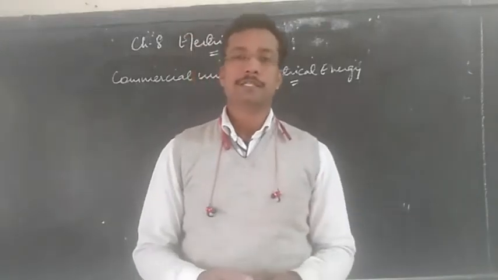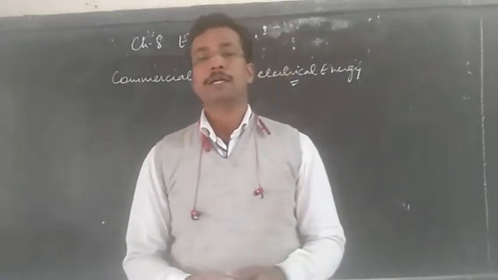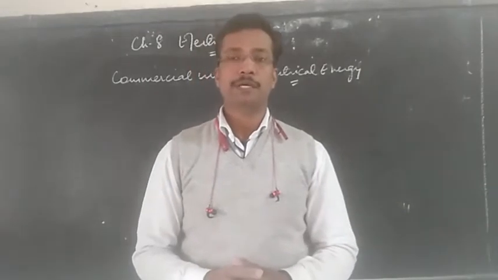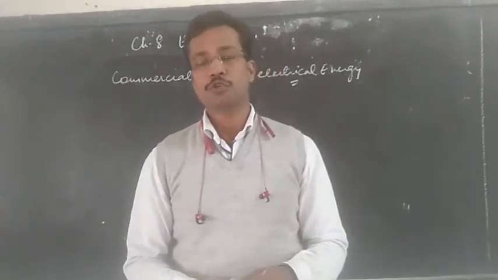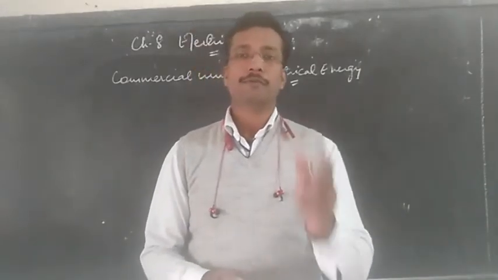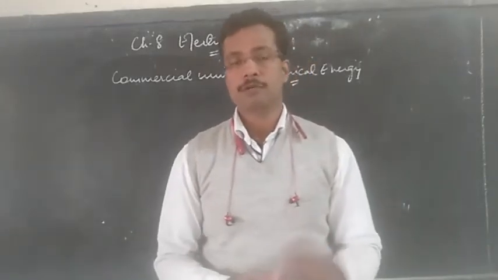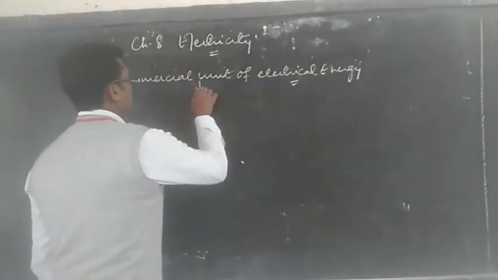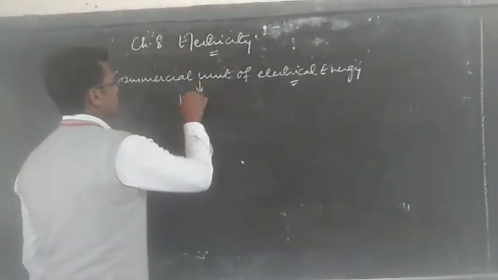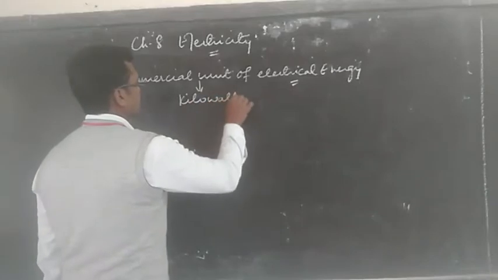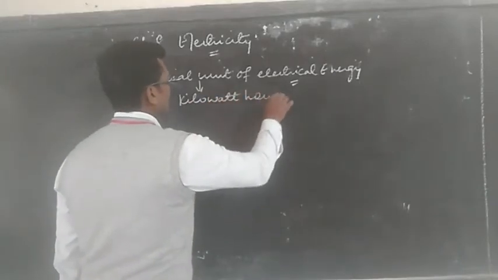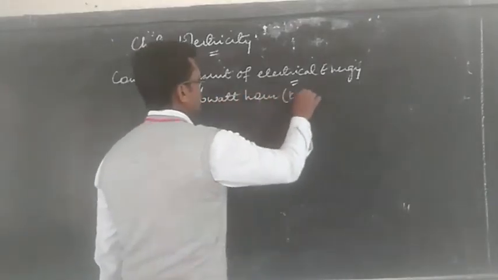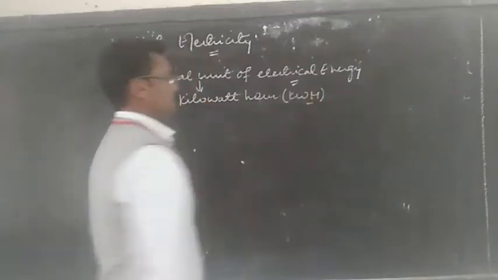So here in this case, the electrical energy consumed is measured not in terms of joule but in terms of the commercial unit called kilowatt hour. So the commercial unit of electrical energy is kilowatt hour, which in short we say kWh.